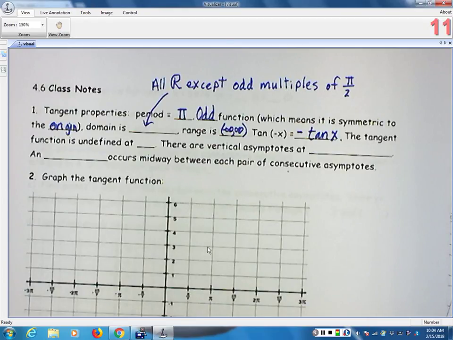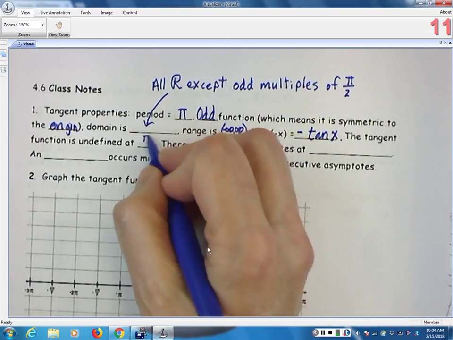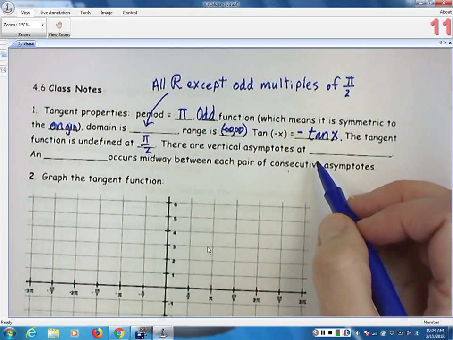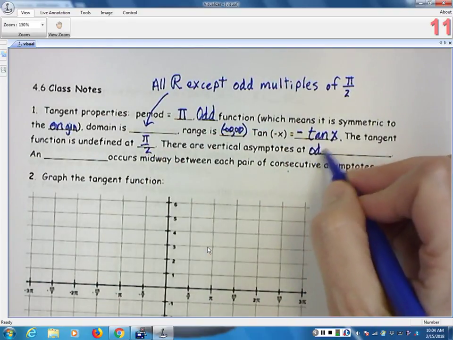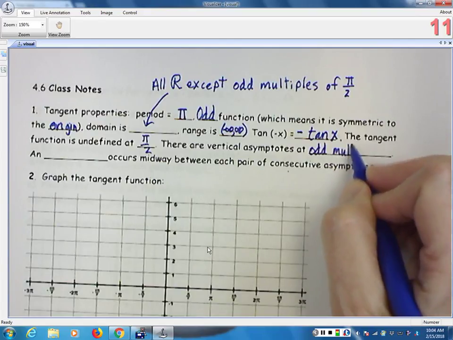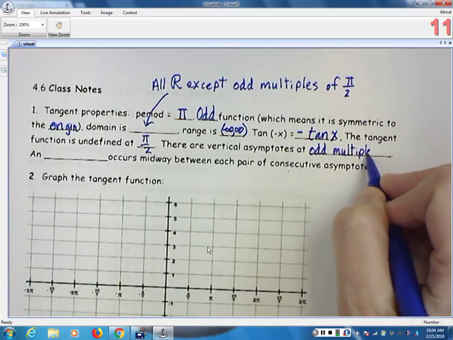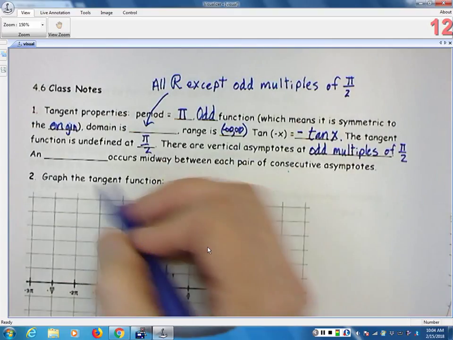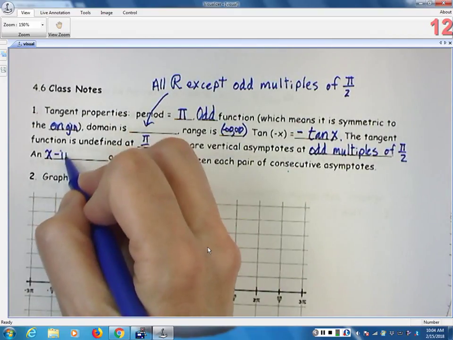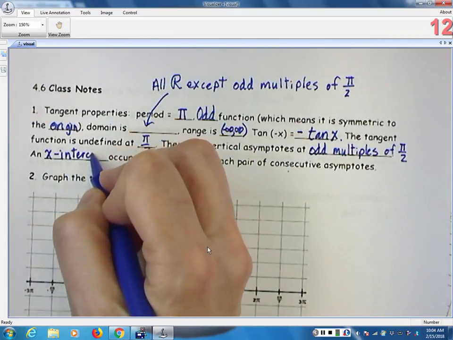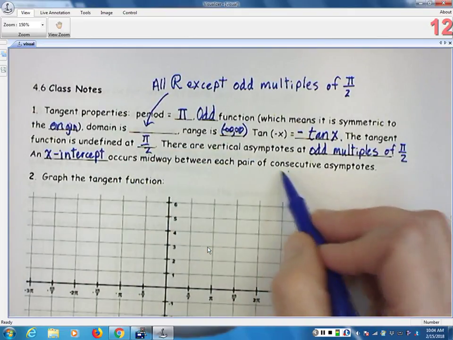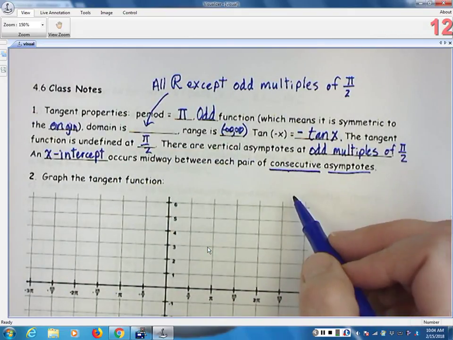The tangent function is undefined at pi over 2, and there are vertical asymptotes at odd multiples of pi over 2. And an x-intercept occurs midway between each pair of consecutive asymptotes.